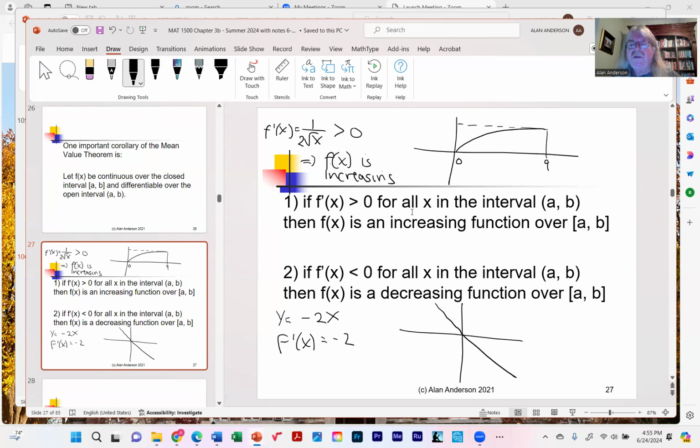The slope is positive. That means that f of x is what they're calling increasing or monotonically increasing over AB. If f prime of x is negative for all the x's in that interval, then we have a monotonically decreasing function. So this is one way we can identify if a function is monotonically increasing or decreasing.